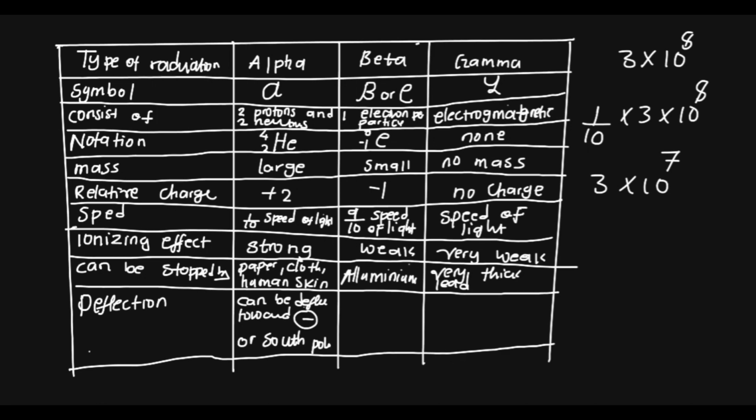Then for beta, beta has a negative charge, so this one can be deflected toward the positive terminal in terms of electric field. Then in terms of the magnets, we have North Pole.